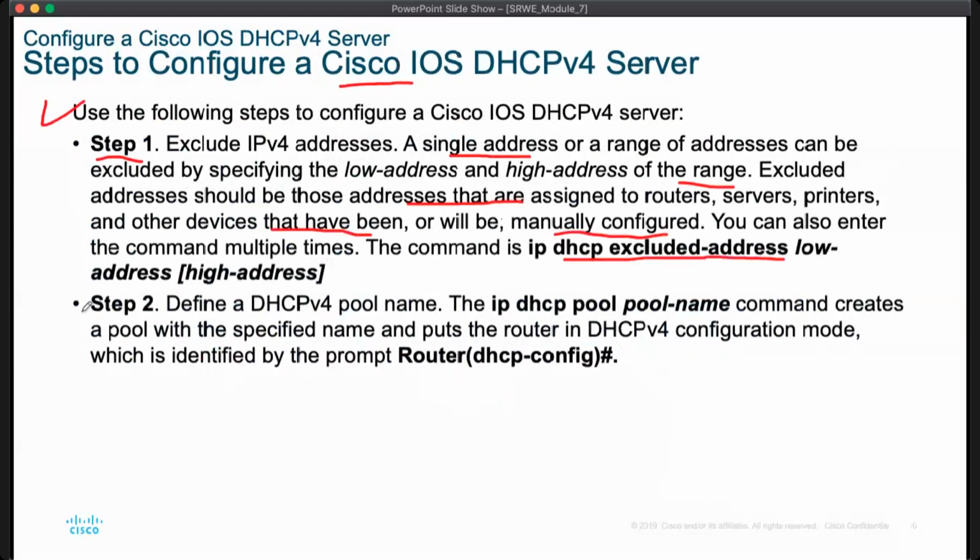And then step 2, define a DHCP v4 pool name. The ip dhcp pool command, followed by the name, creates a pool with the specified name and puts the router in DHCP v4 configuration mode, which is identified by the prompt Router(dhcp-config)#.